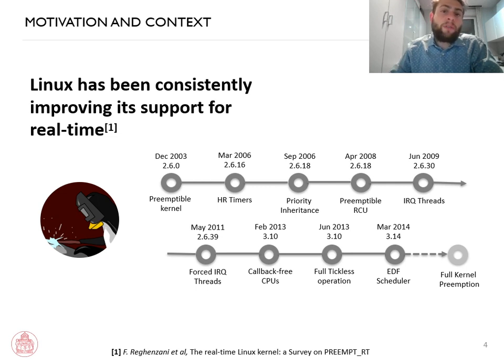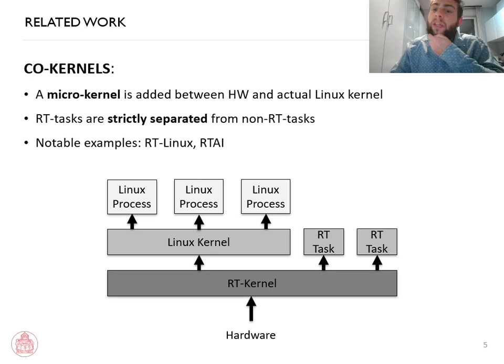But work focused not only on the kernel, but let's see something more. Historically, one of the most exploited techniques was to add a real-time microkernel between the hardware and the Linux kernel and run Linux as the lowest priority task, leaving the management to the real-time microkernel.